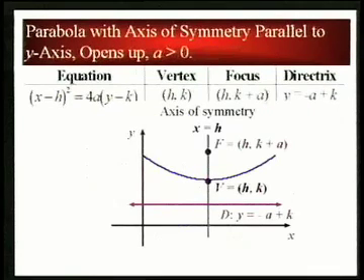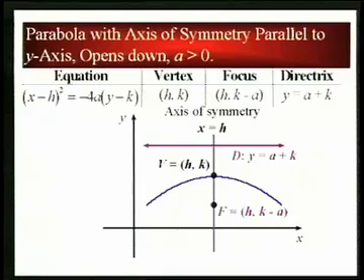The vertex is at h comma k with the focus a units to the left of the vertex. Here the parabola opens up, again shifting h units horizontally, k units vertically. The last one is an equation of the form x minus h quantity squared equals negative 4a times y minus k. Here the parabola opens downward.